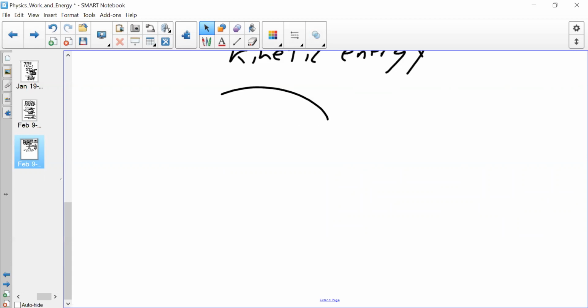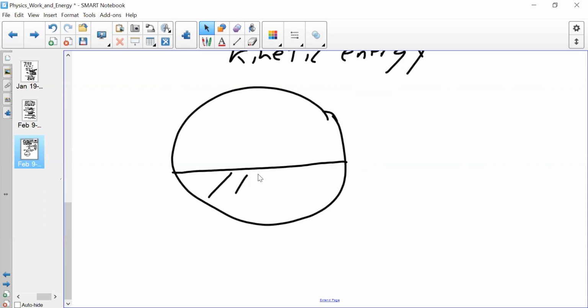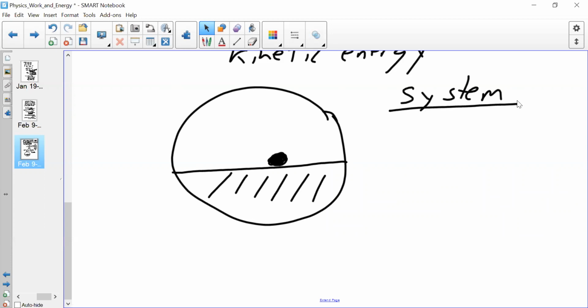I'm going to close this system off to the outside environment, and I'm just going to have the earth here, and a ball on the ground, just resting. So my system consists of the ball and the earth. A system is generally two or more objects. So in this case, ball on the ground and nothing's happening.